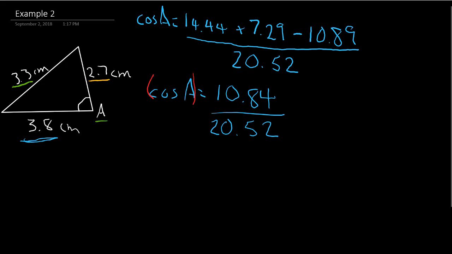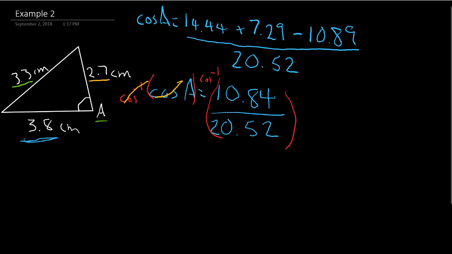So we're actually going to take the cos inverse. So cos inverse and cos inverse. What this does is it cancels itself out there, and then we'll get the angle for A there. So we're going to take the cos inverse of both sides, and because I already did the division here, now all I have to do is punch in cos inverse, and I'll get what A is on my calculator.